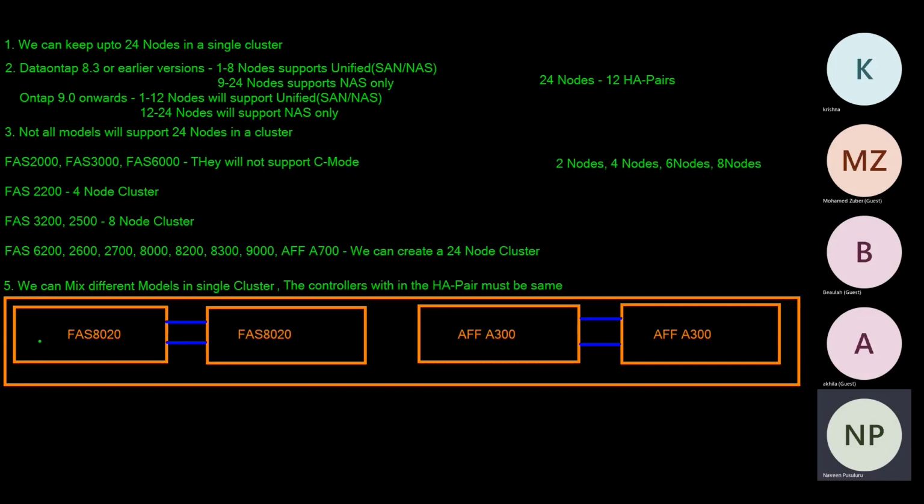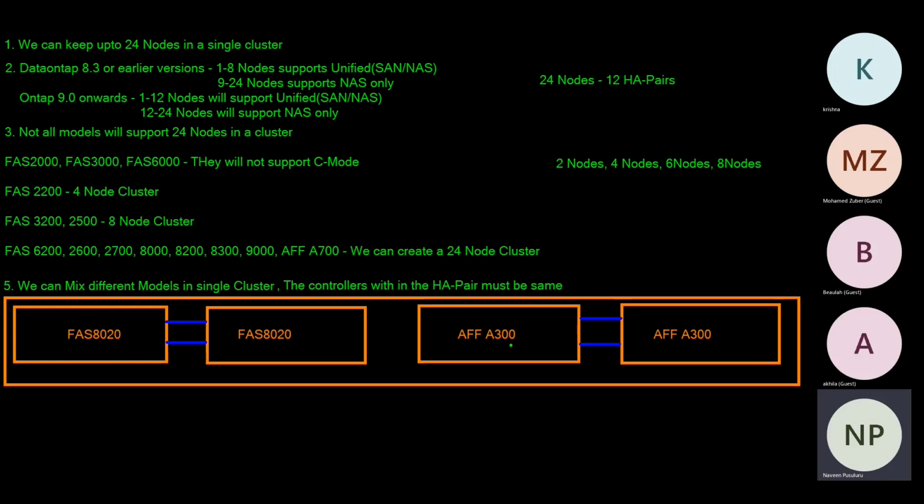That means here these two are an HA pair, and these two are an HA pair. If I use FAS 8020, I must use the same model, FAS 8020. I cannot use FAS 8040 here. Not possible. There is another model in the same series, but still no, it should be the same model.